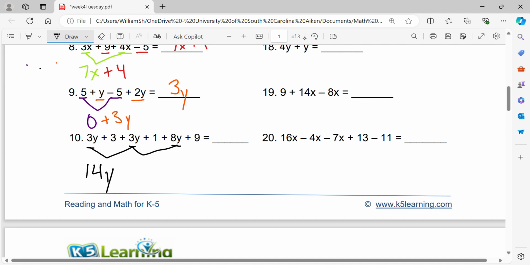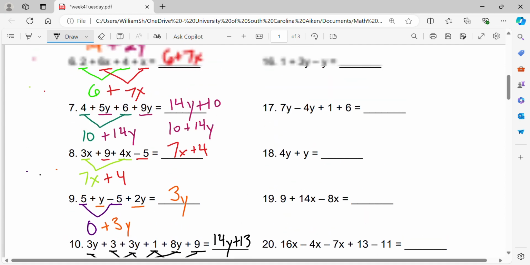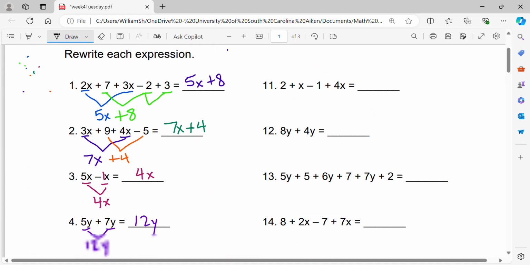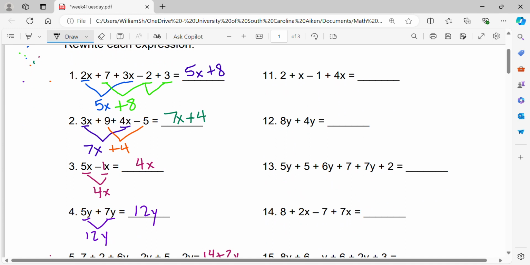Now I'm going to combine the constants, 3, 1, and 9. 3 plus 1 is 4, plus 9 is 13. So I have 14y plus 13 is my simplification. Very nice. Alright, I'm going to scroll back up to number 11.